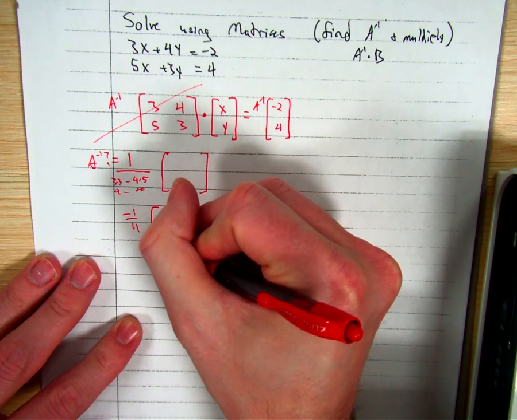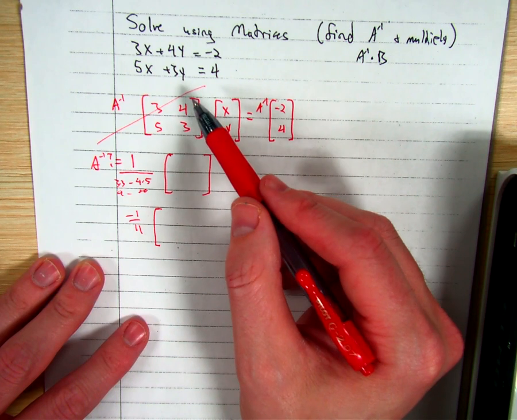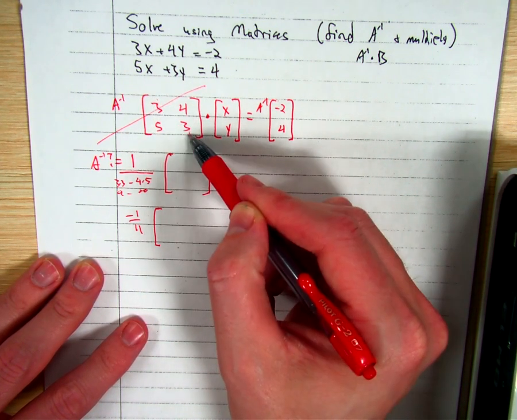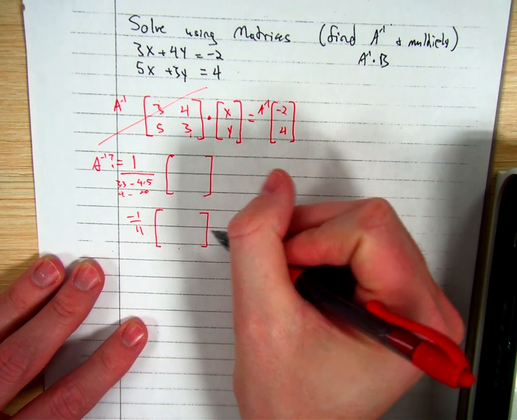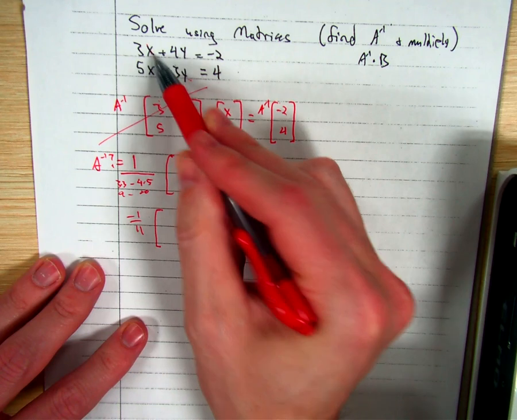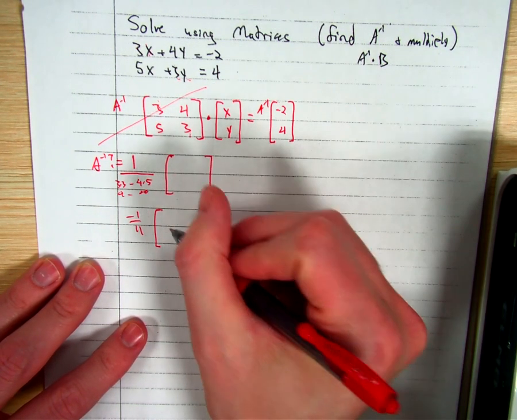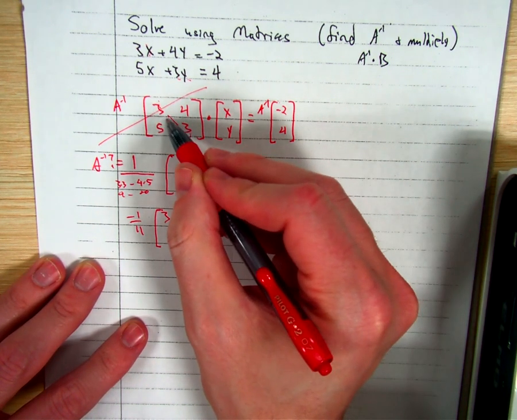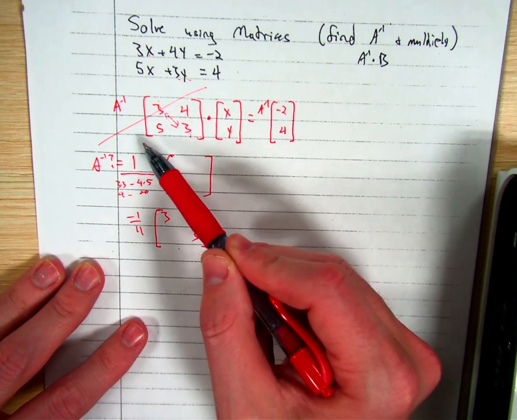Now, we multiply it to, if you follow the notes, these two switch spots. Okay, so it's not the greatest problem because they're already the same number, so you're not going to see that. But these two switch spots. So this one would go up here, and this one comes down here. So this is 3, and this is 3. So those two flip-flop spots. And these two stay in the same spot, but change signs.